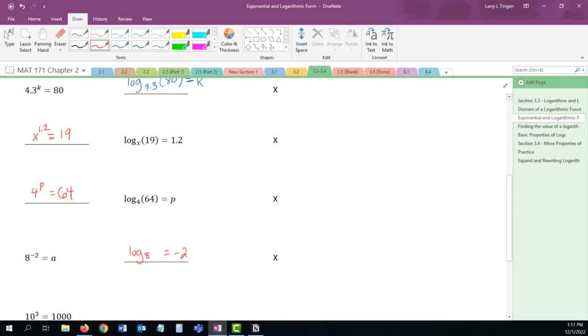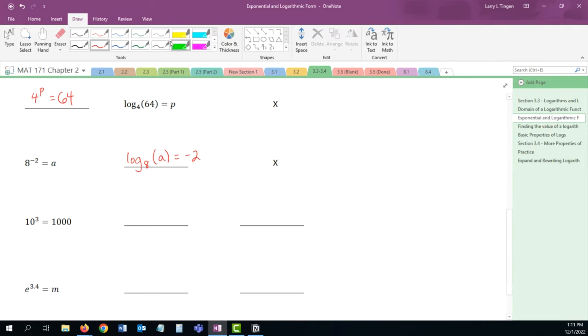And then where does the 64 go? It goes inside the argument of the log. And that is the letter A. So that means I have log base 8 of A equals negative 2. What power do I raise 8 to get A?